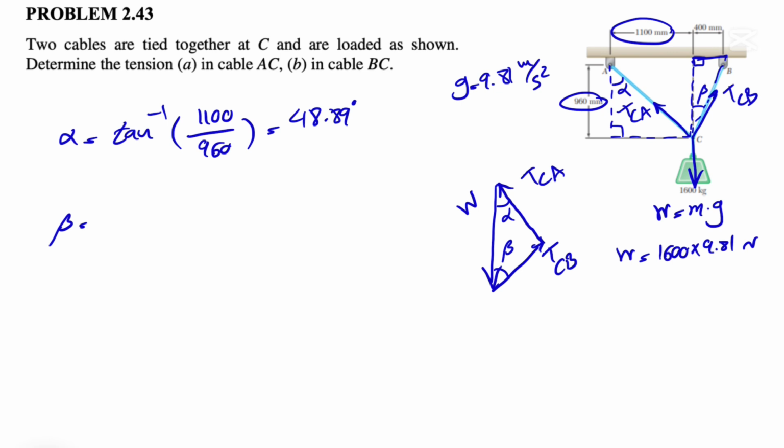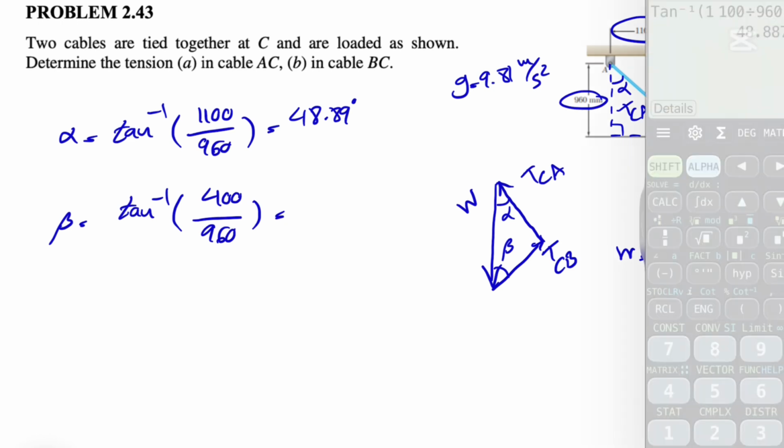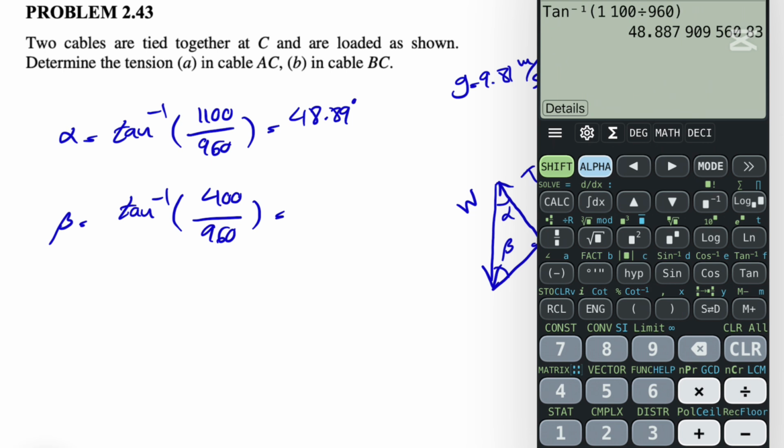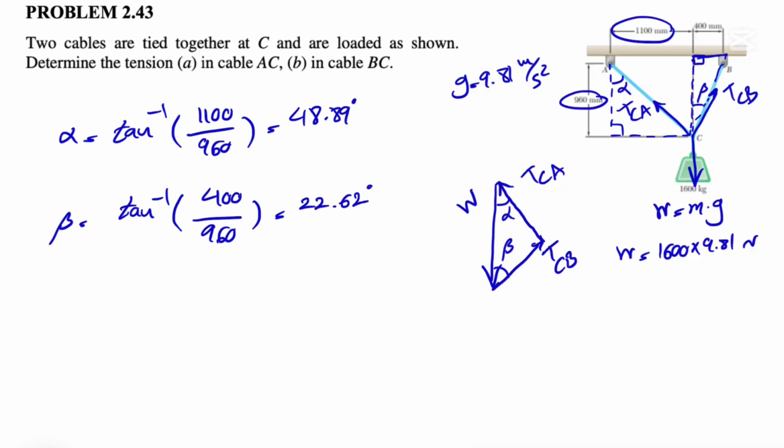We can go with the tangent inverse of the opposite of beta, which is 400, and the adjacent, which is 960. So this time we have tangent inverse of 400 divided by 960. That's going to be 22.62 degrees.